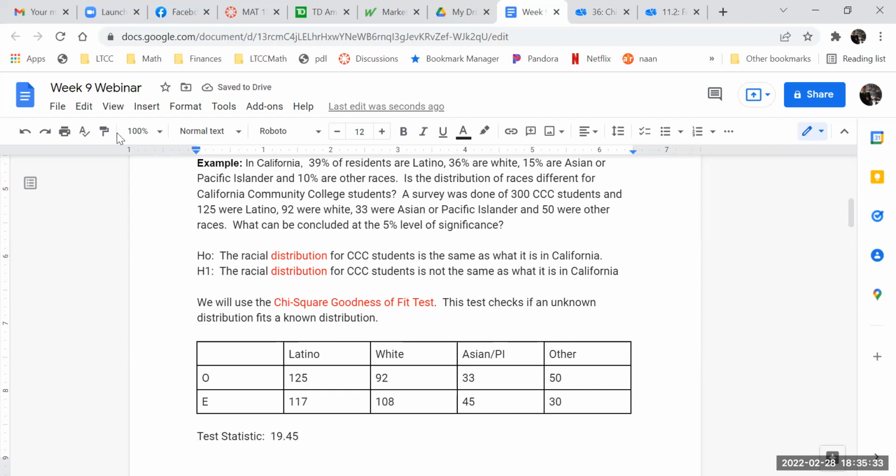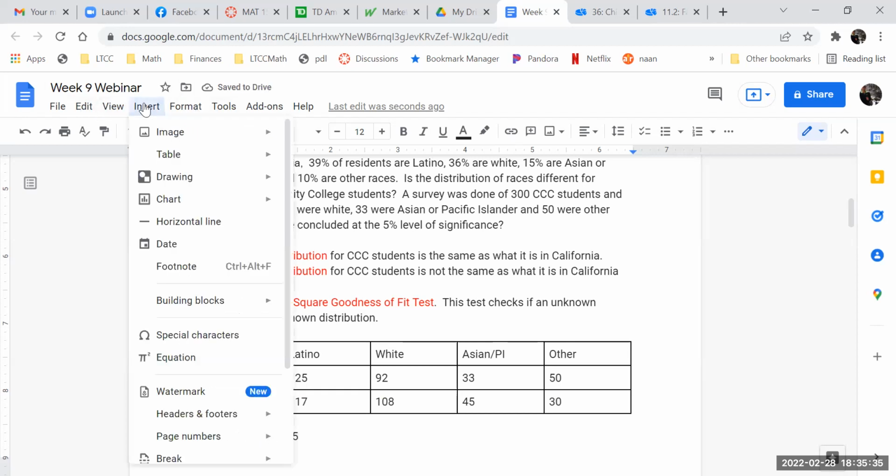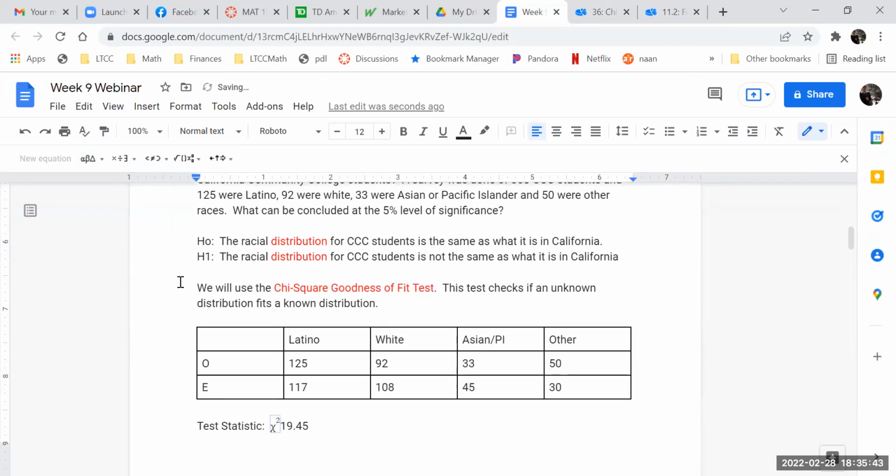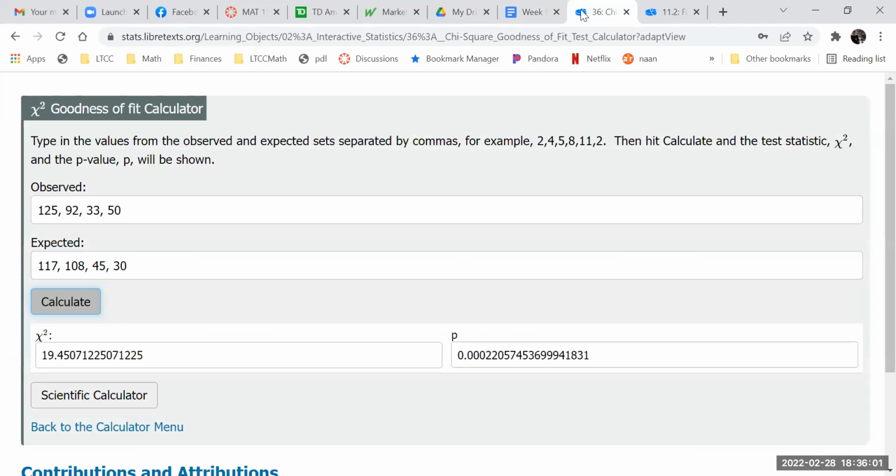If you want, we can pop in chi-squared to make it look prettier. And the p-value was equal to 0.0002, three zeros and then a 2.